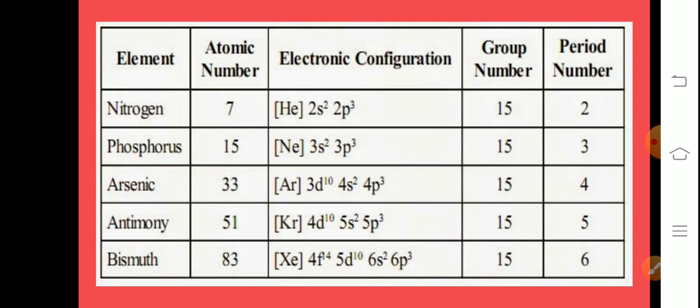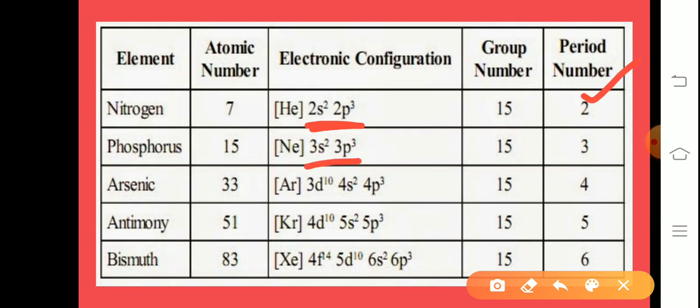Period: second period, because here is only one main shell, that's why second period. Here, third period. Here which is highest? 4th, so that's why 4th period. Here 5th period. Here 6th period. Count 2 plus 3, 5 or 15th, no problem. 3 plus 2, 5 or 15.